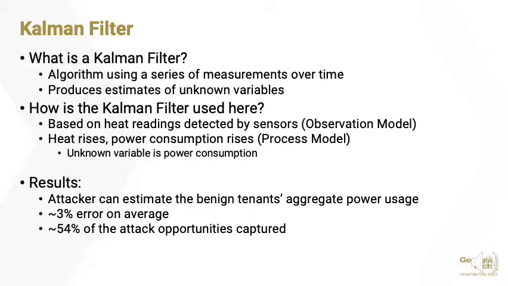The filter produces estimates of unknown variables. These estimates tend to be more accurate than those based on a single measurement alone. This is done by estimating a joint probability distribution over the variables for each time frame. In this case, the unknown variable we're looking for is power consumption.